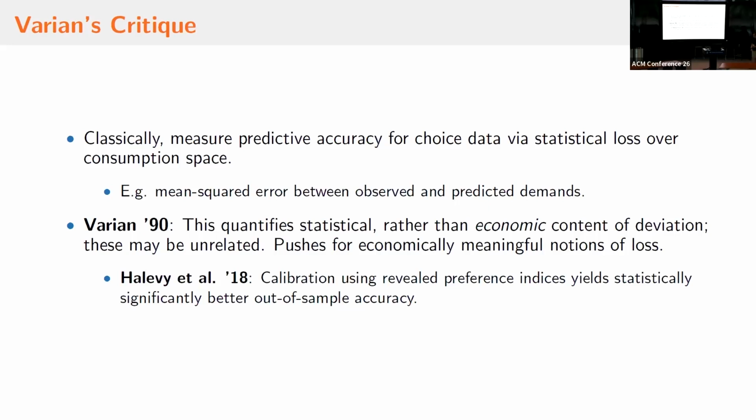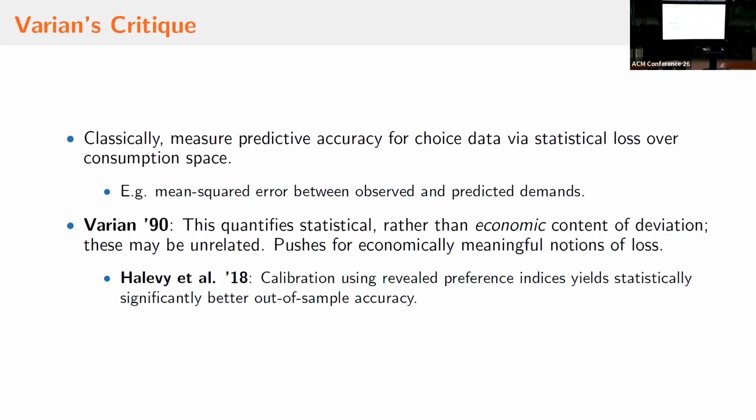What he pushed for instead was the use of more micro-founded, revealed preference type inconsistency indices that have more compelling behavioral interpretations than just, say, mean squared error between demands. He argued that these would let us talk about, in a more meaningful behavioral sense, how well a theory is reflecting the choice behavior of a given agent.